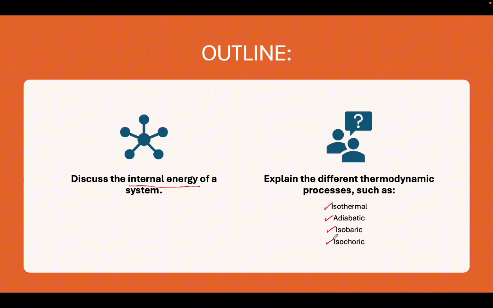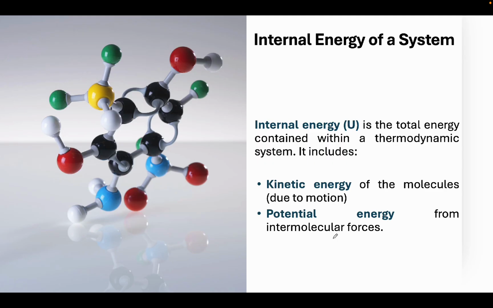Now let's start with the internal energy of a system. If we define internal energy, the variable for internal energy is capital U. It is the total energy contained within a thermodynamic system.